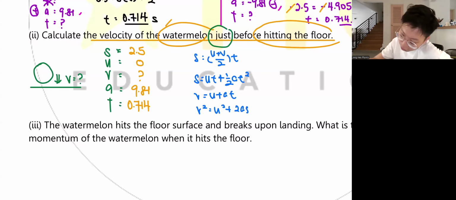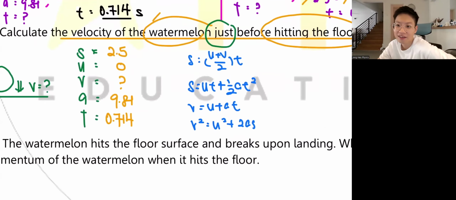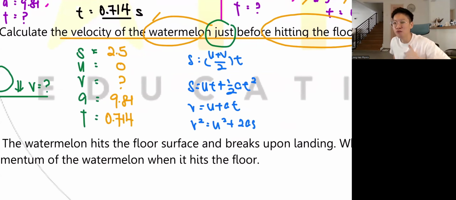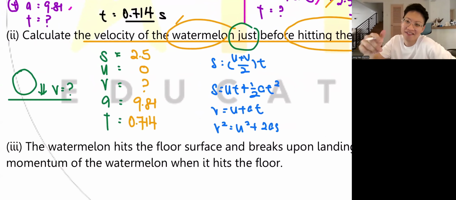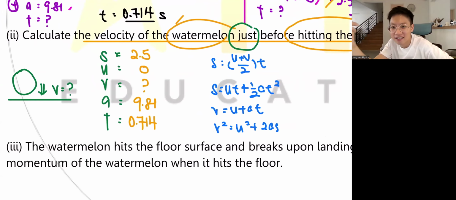Now guys, which formula should I use right now? The first one, the second one, the third one, or the fourth one? If you are my true friend, you will know the correct answer. Irene, very good. Shan Yue, yes.